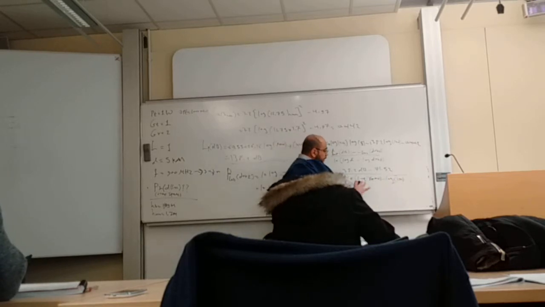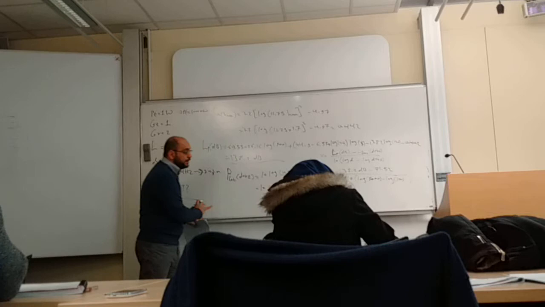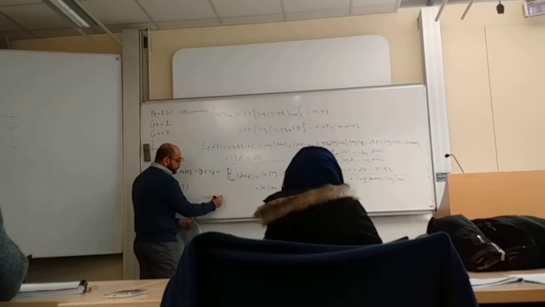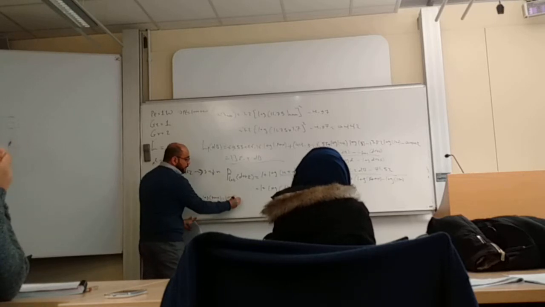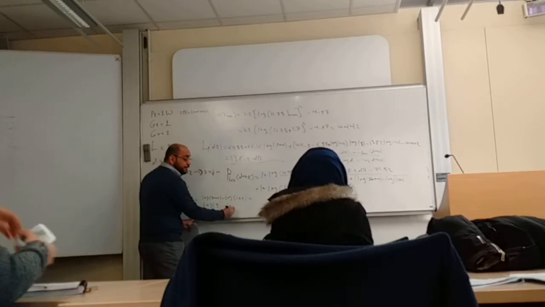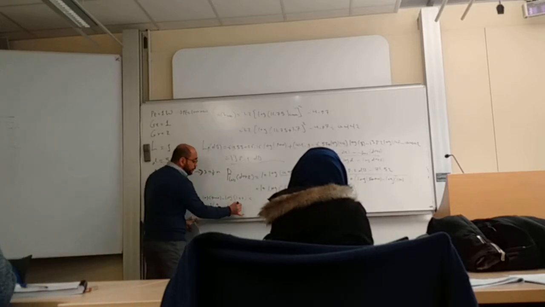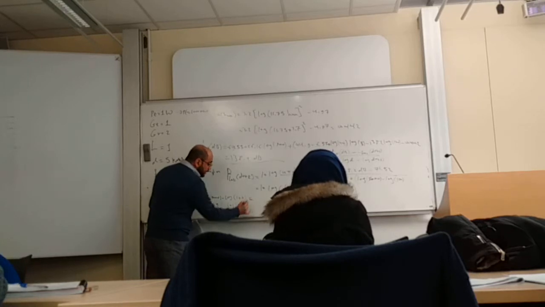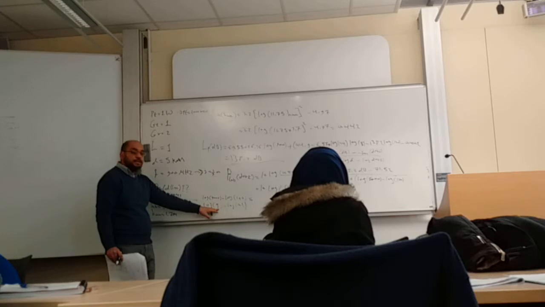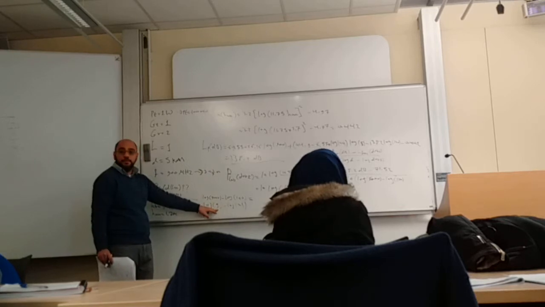This is a side note: log 5,000 minus log 100 is the same as log 5 kilometer minus log of the reference distance in kilometer, which is 0.1. Why? Because if I want to convert this to meters, I multiply by 1,000, so 10 to power 3.